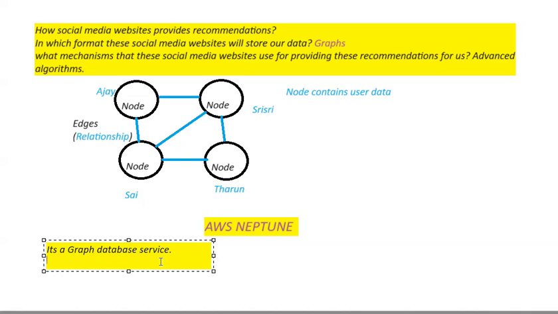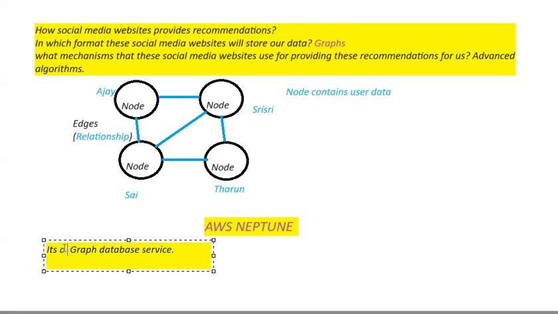No, you don't need to manage any backend infrastructure like EC2 instances, their software, or the operating system. AWS will manage everything for you. So we call this service a fully managed graph database service.